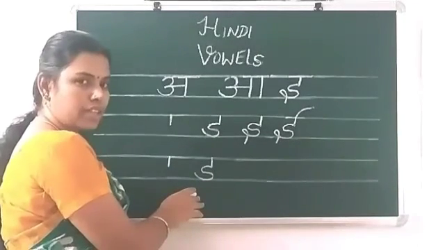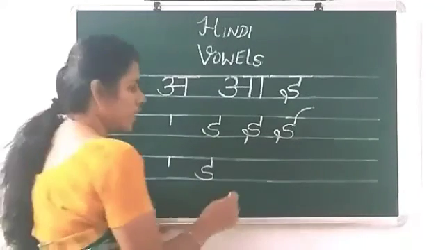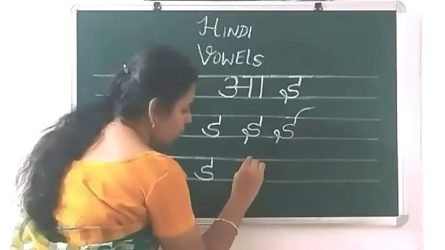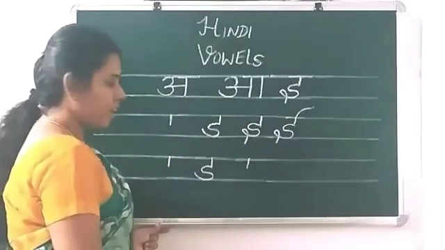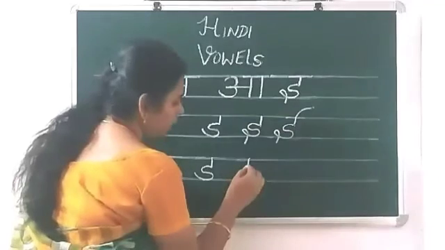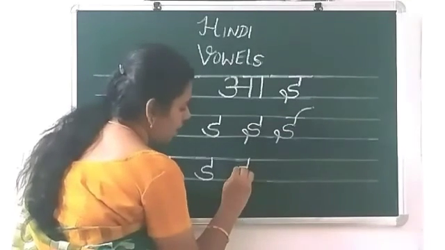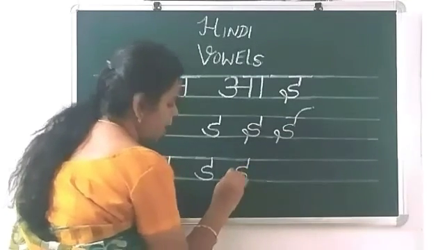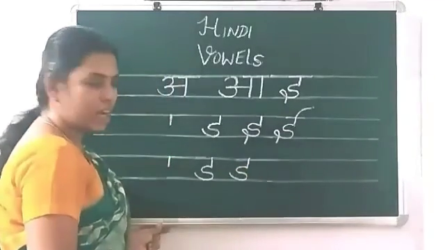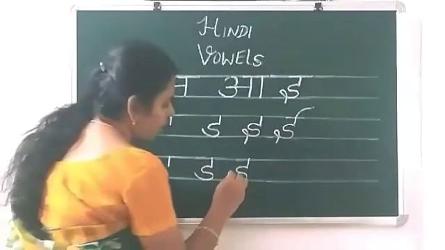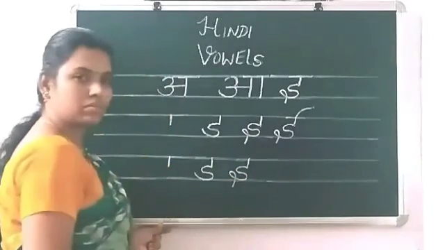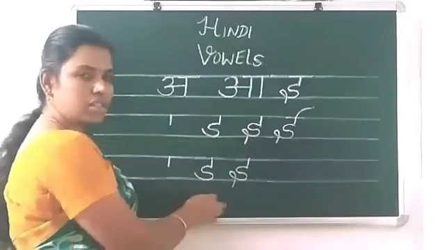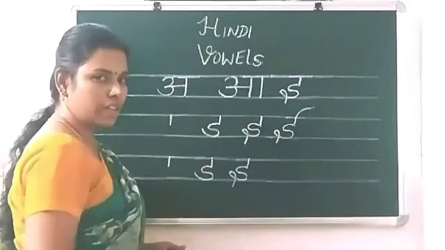Okay. And next step, connected to that, write the English letter S. And third step, at the end finish with the short loop.